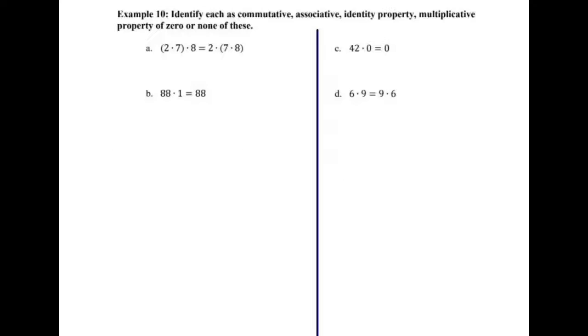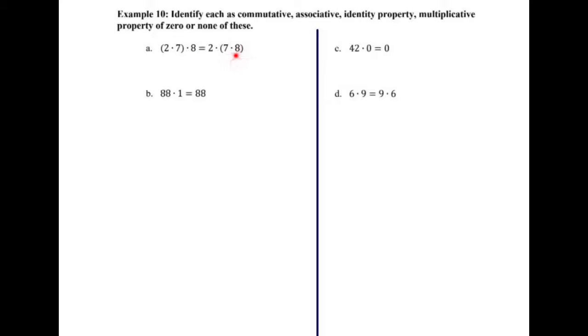All right. Identify each as commutative, associative, identity property, or the multiplicative property of 0, or none. Okay, your packet has some writing on here that I deleted because I just want to start from the beginning. So A, if you're comparing the left with the right, 2, 7, 8, 2, 7, 8, and we're multiplying.